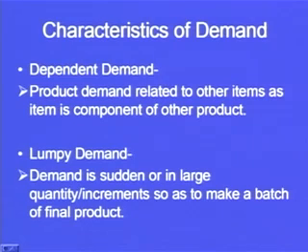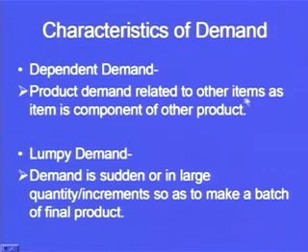Now, there is dependent demand and there is lumpy demand. Dependent demand is, for example, if we know that 500 final products have to be produced, and each product requires 4 components A, then 500 multiplied by 4 will give us the dependent demand.